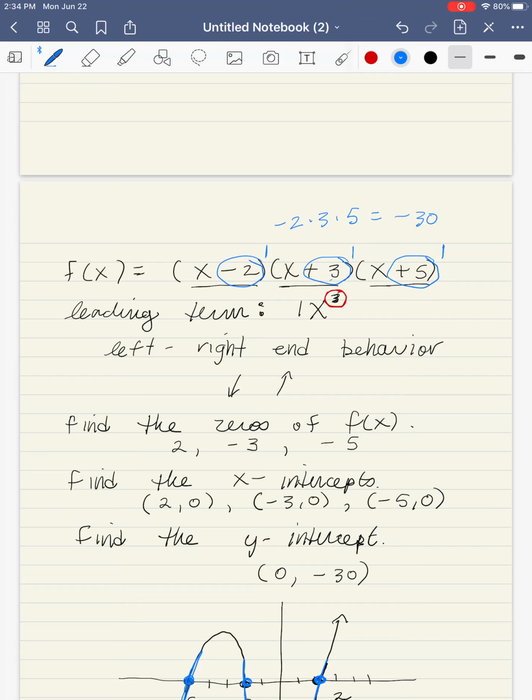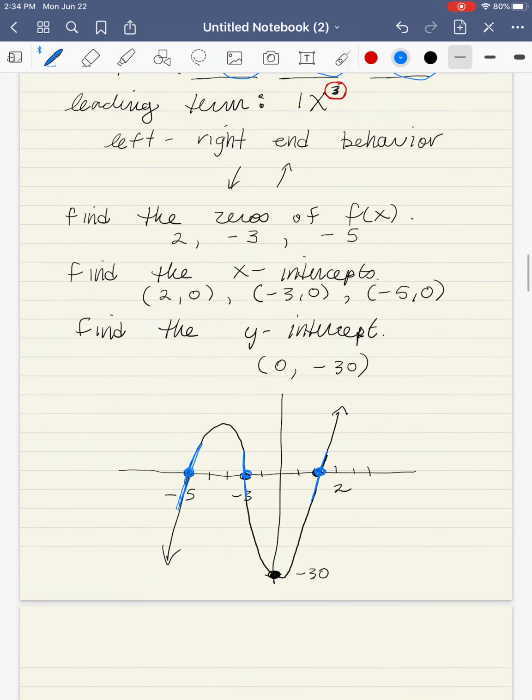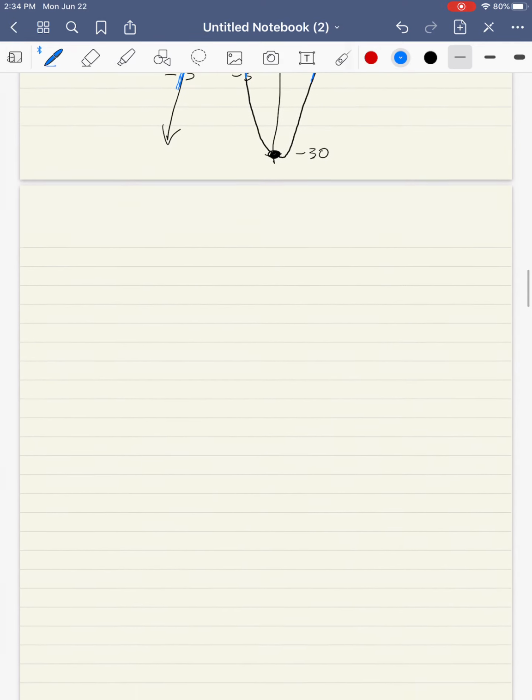Those ones were not listed. They were understood ones. That's called the multiplicity of the factor. How many times that factor occurs is called its multiplicity. When the multiplicity is 1, we normally don't mention it. But let's look at what happens if the multiplicity is more than 1.